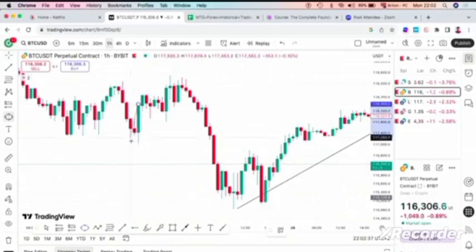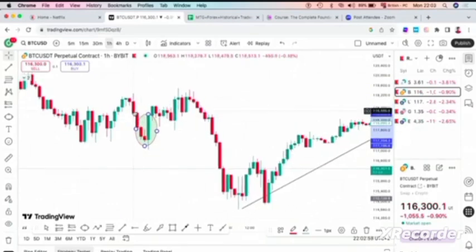In this scenario, this is a bullish engulfing candle, and you can see just one candle covering almost 3 candles. There are 3 down candles, and you have just one candle that swallows almost all of it.